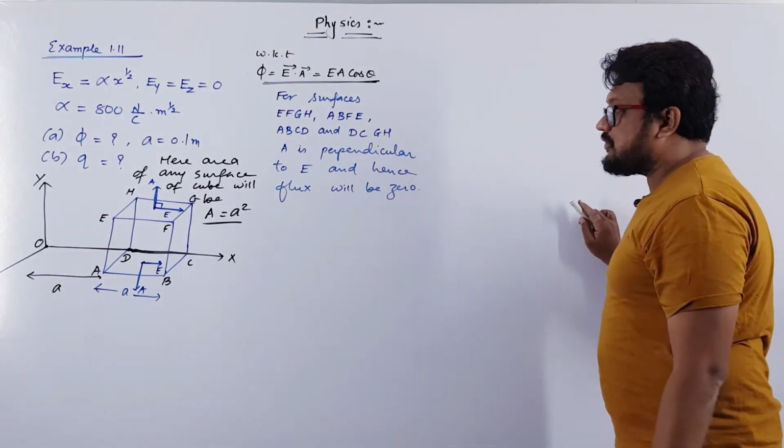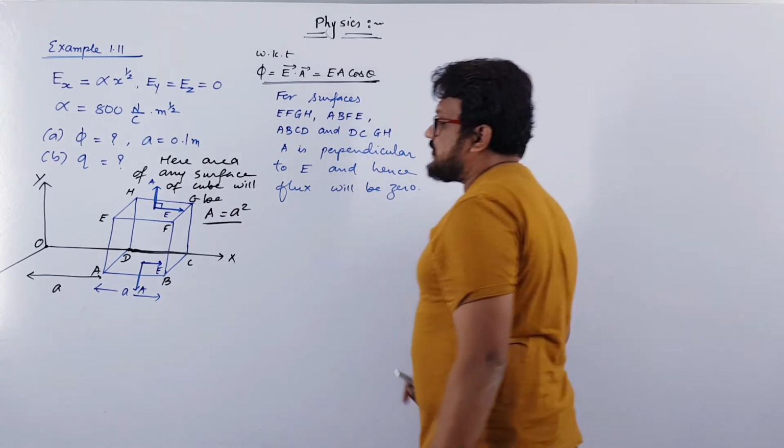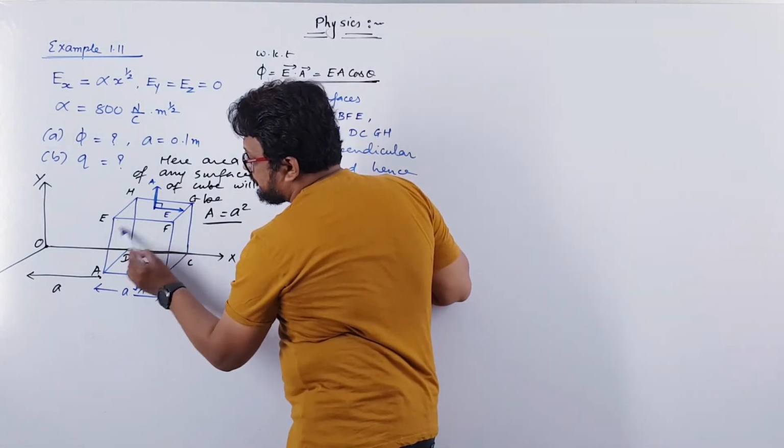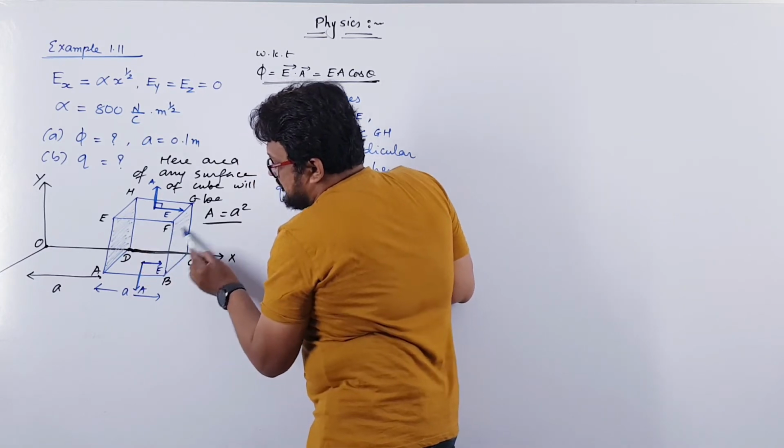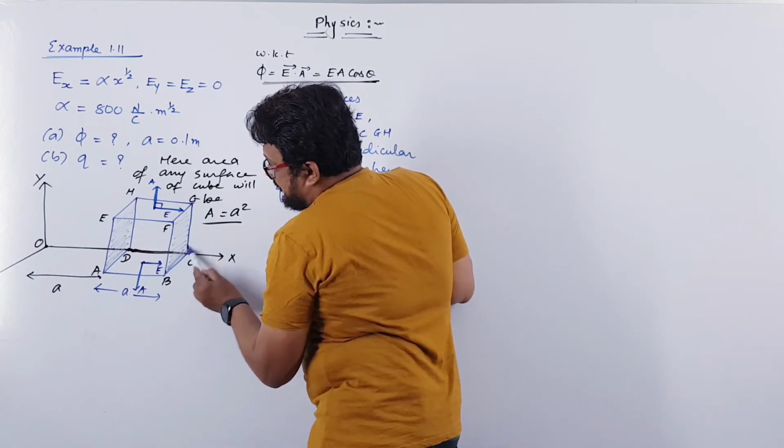Flux will be 0 for these surfaces. So only two surfaces are left, this surface and this surface. These two sides are left.